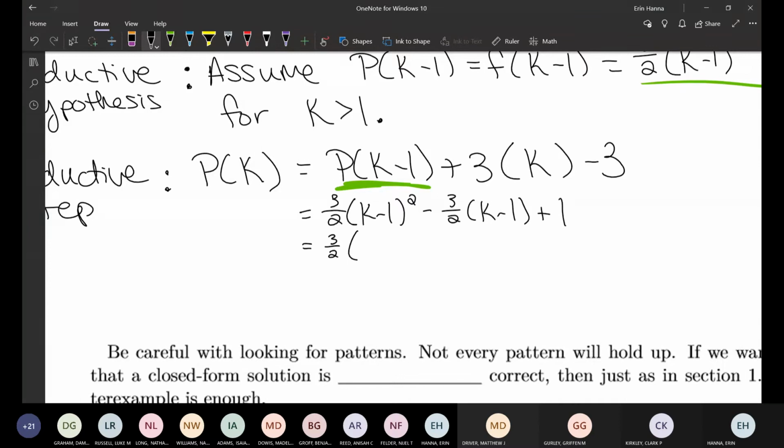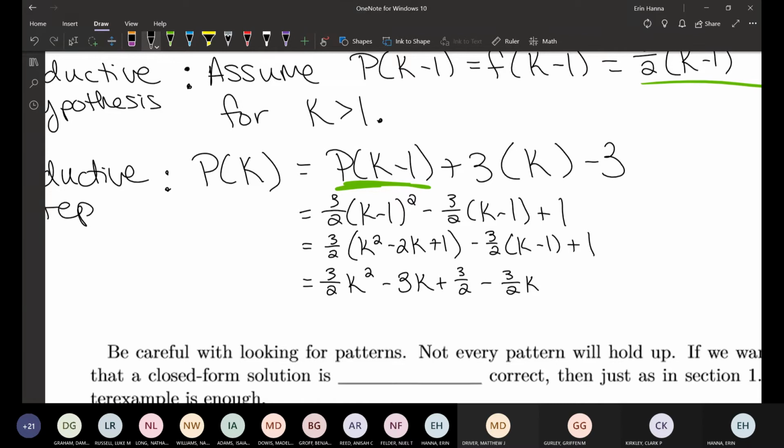If we FOIL that out, we'd get k squared minus 2k plus 1. I'm going to do all the distributing at one time. 3/2 times 2, those 2's are essentially going to cancel out. We're just going to get minus 3k plus 3/2 minus 3/2 k minus 3/2 plus 1.